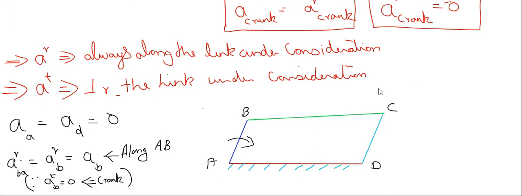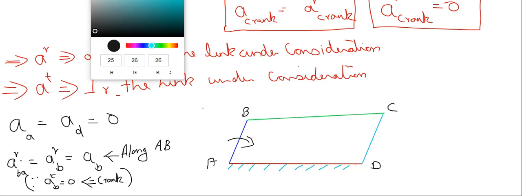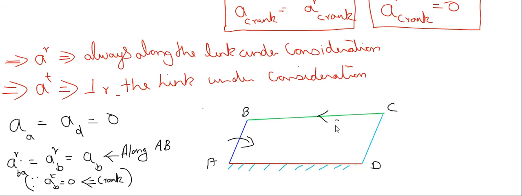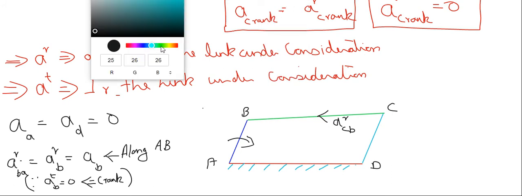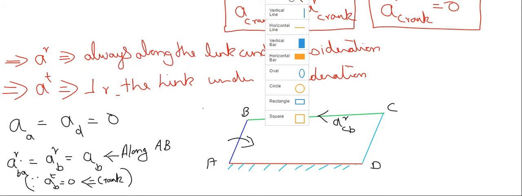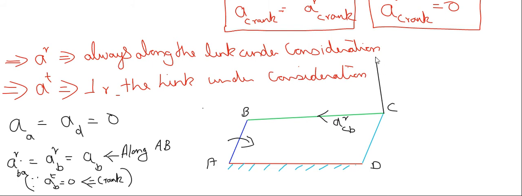And similarly, we will have a component along this direction, A radial CB, that is C with respect to B, and we will have another one that is perpendicular to the link, that is 90 degrees with C, which will be the tangential component of CB.